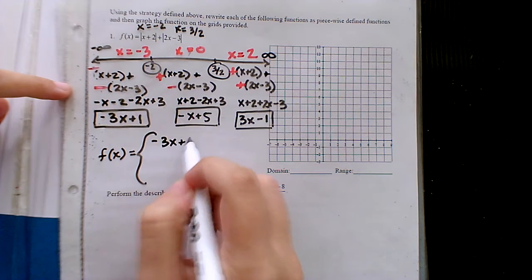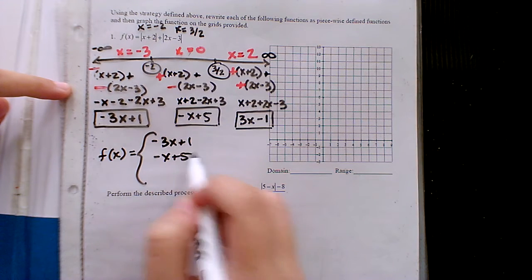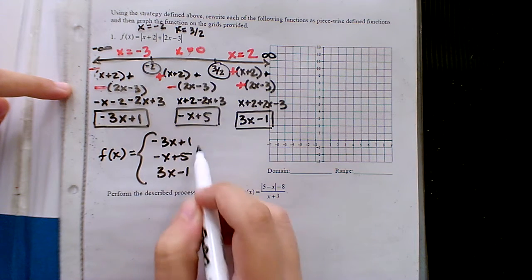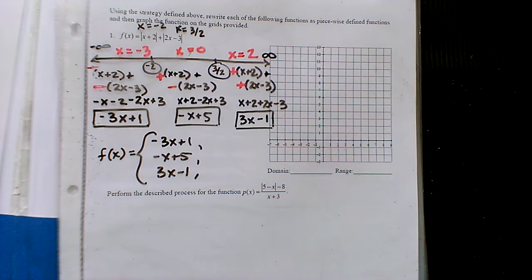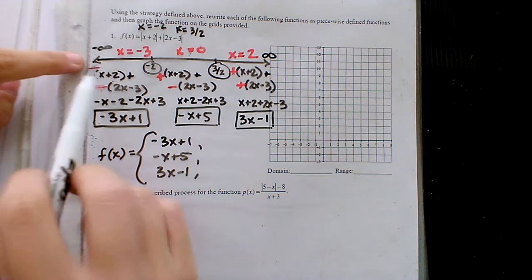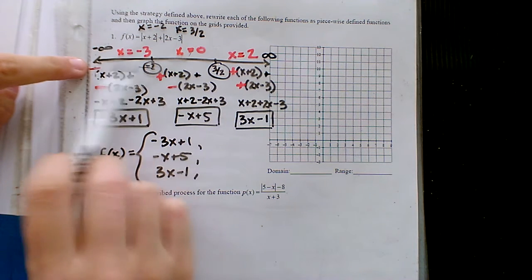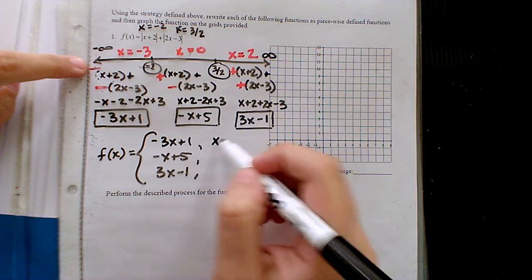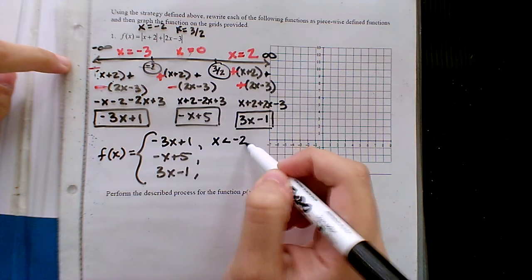We'll write those in as our equations. And then our piecewise function also needs little domains or constraints. So we said this first line shows up on the interval from negative infinity to negative 2. Those are all x's that are less than negative 2.